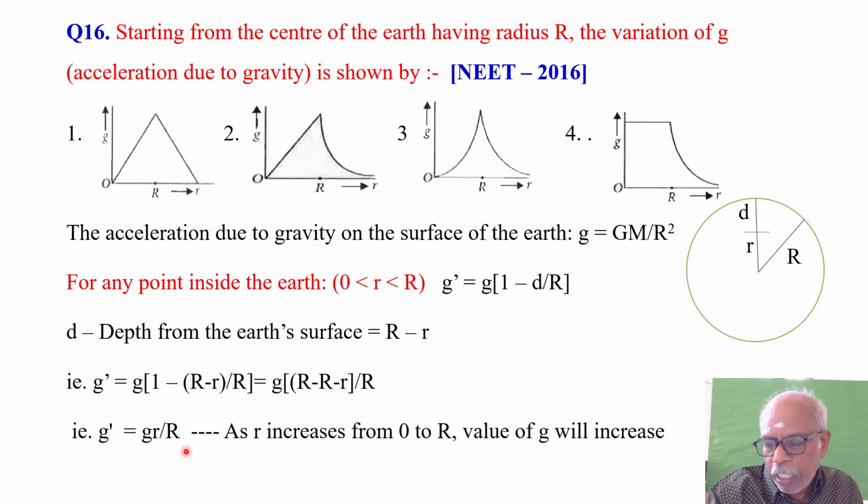The radius of the Earth. What is small r? The distance from the center of the Earth to a particular point inside the Earth.